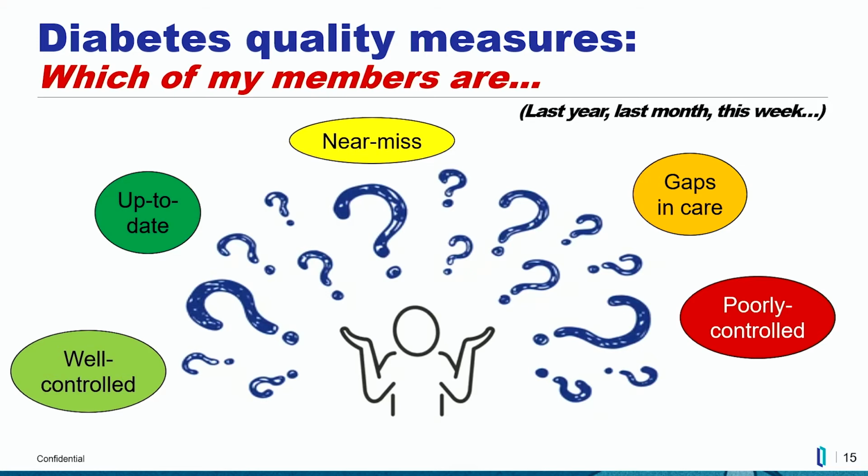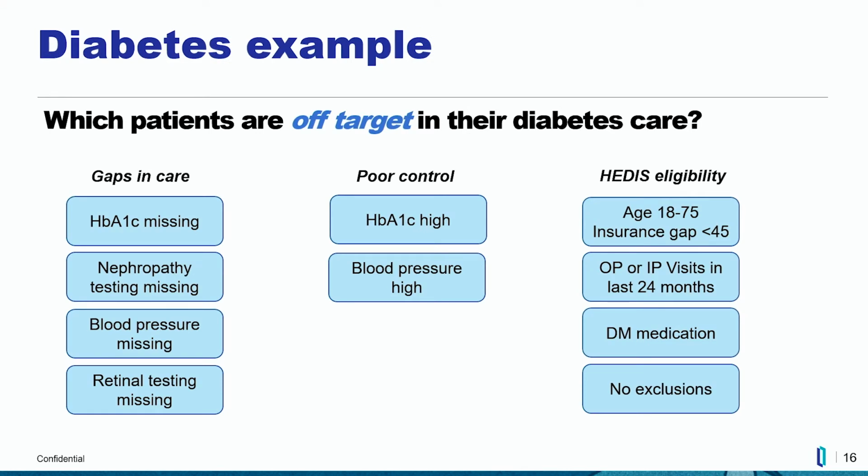So if we go to the next slide and drill into the diabetes example a little bit more, I'm particularly interested in gaps in care. So which of my members are missing a hemoglobin A1C test, kidney testing, blood pressure observations, retinal eye exams? Who's missing those? Because if they're missing those, I'm going to get sort of dinged on my performance metrics.